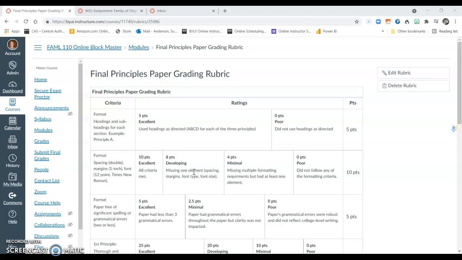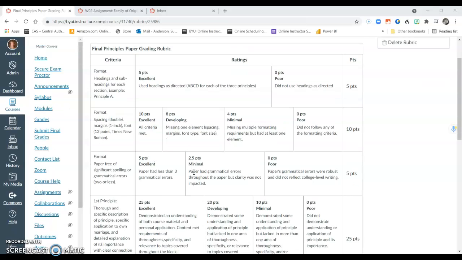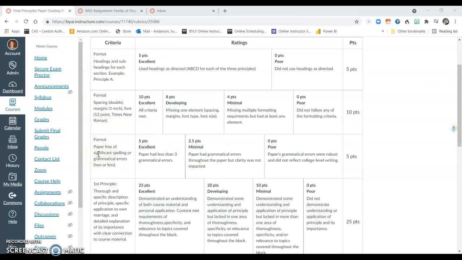So if it was just one element missing, like they did it in Helvetica instead of Times New Roman, then that would be 8 points off. But if it's a couple of different things or more, then that'll be 4 points off, or 6 points off for 4 points. I've changed on both this paper and I believe any of the major papers.